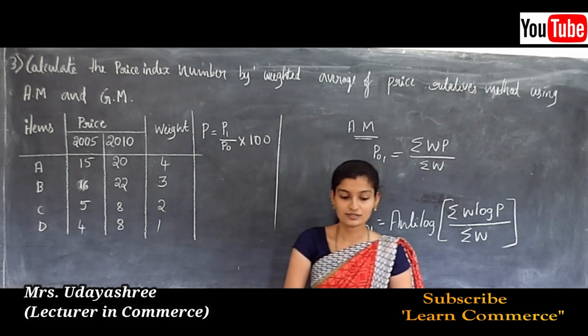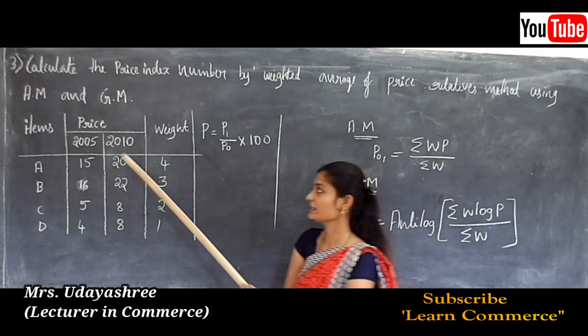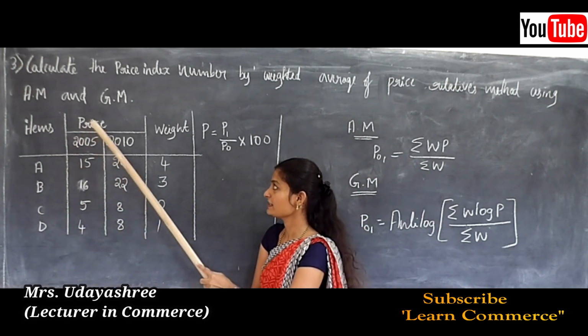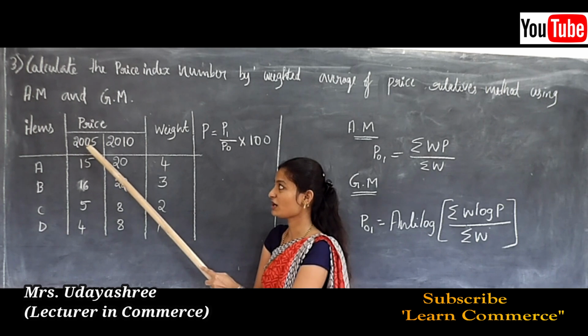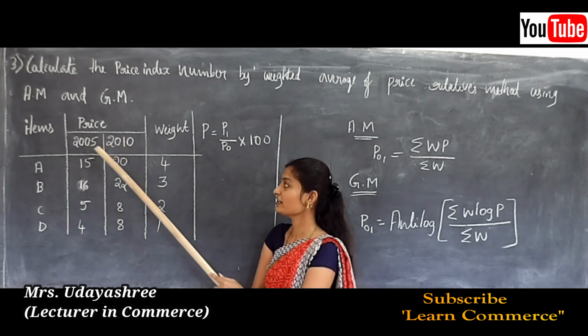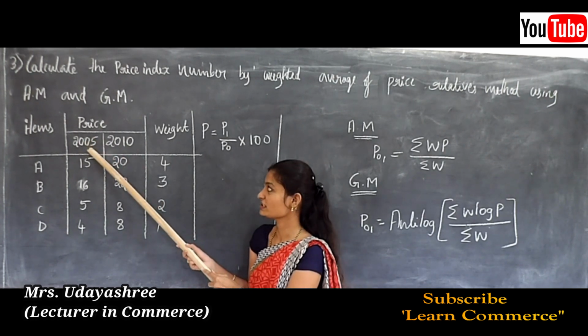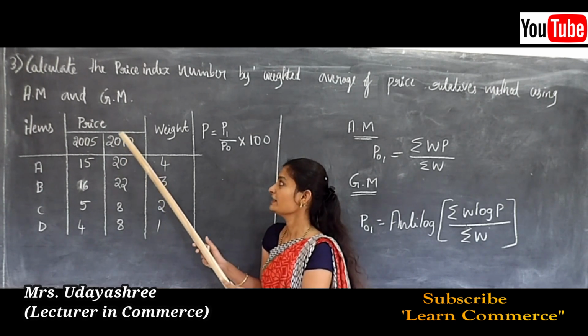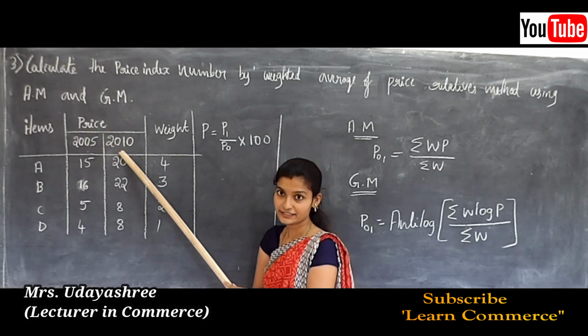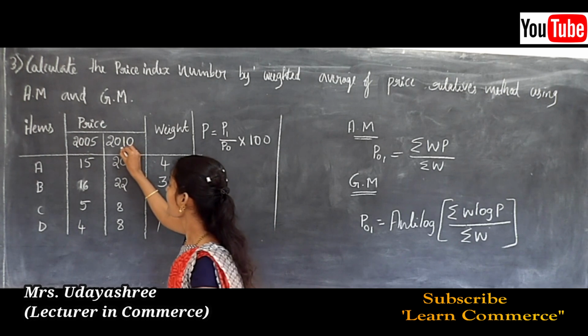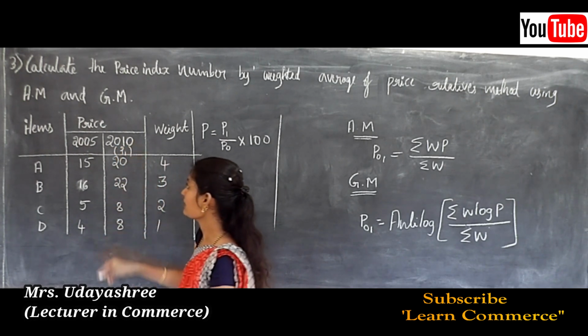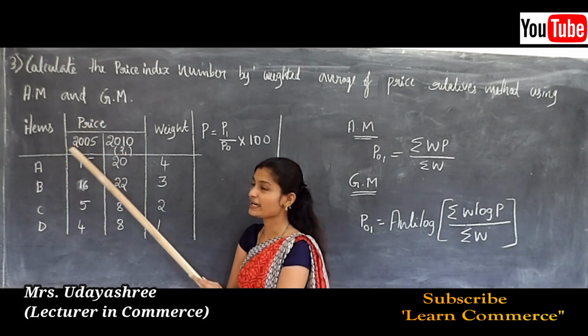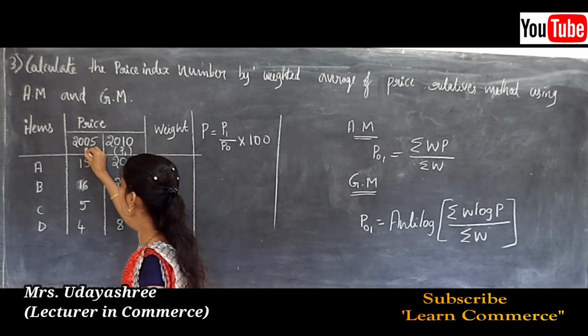Okay, now see the given observations. So here the first column is items, the next column is price in 2005 and 2010. Here there are 2 years, one is 2005 and the other one is 2010. Here the price of the current year is known as P1 and the price of the base year is denoted by P0.